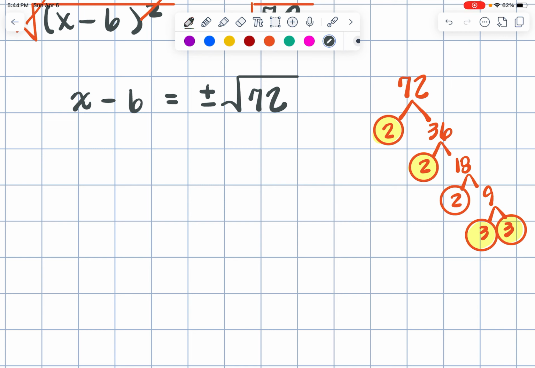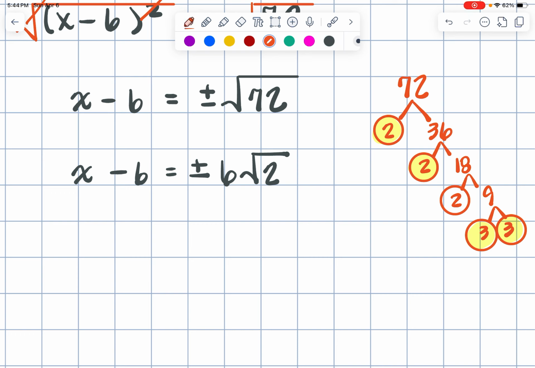So a 3 also gets to come out, and they get multiplied together. That gives me 6. But then I still have this little lonely 2 that didn't buddy up, so he stays inside the radical.